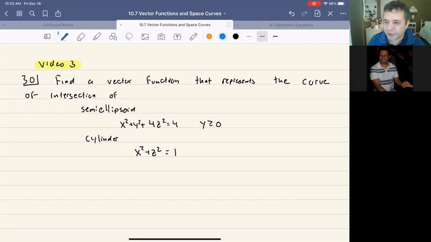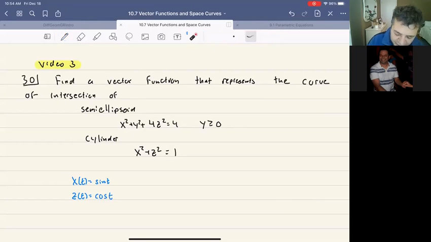So first, let x of t equal sine of t, and z of t equal cosine of t. That's going to define this cylinder. Keep with me, okay?